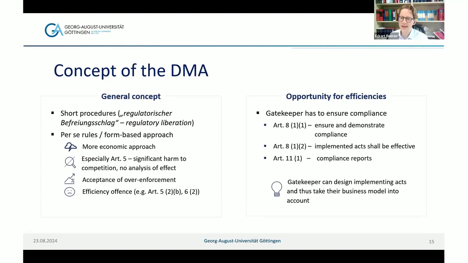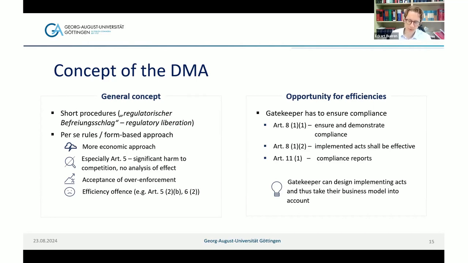The gatekeeper can design implementing acts and thus take their business models into account. So it's not the Commission telling the gatekeeper, you have to do this and you have to do that in the standard case. The Commission can do this in certain cases, but compliance in the regular case of the DMA is: we have these obligations, these obligations are actually strict per se rules, but the gatekeepers have the strict per se rules and they can decide how to implement them.